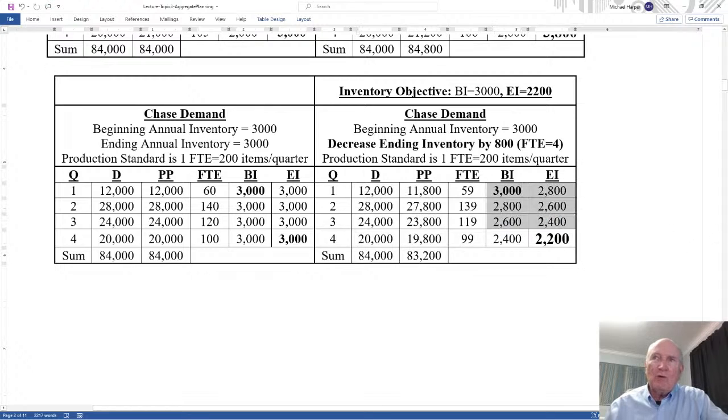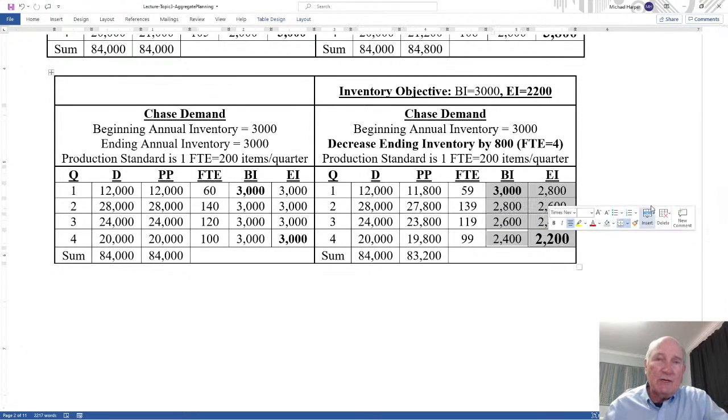So why would anyone want to decrease their inventory? It's a very good question, and a good answer is that our workers and our production process are so efficient that every time we have a production plan, our people meet that production plan so well, and we meet the demand, and all this inventory over here we really don't need.